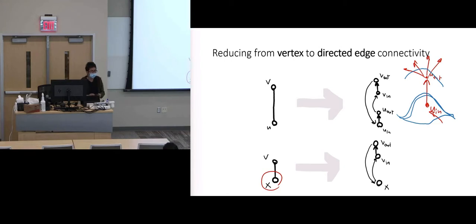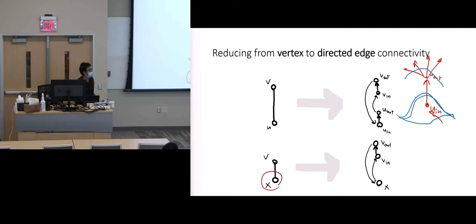Yeah. Without loss of generality, we can assume that it's cutting this edge. Right? Yeah, exactly. Because the only edge going out of V in is that V out edge, not exactly. Yeah, we can always change it.